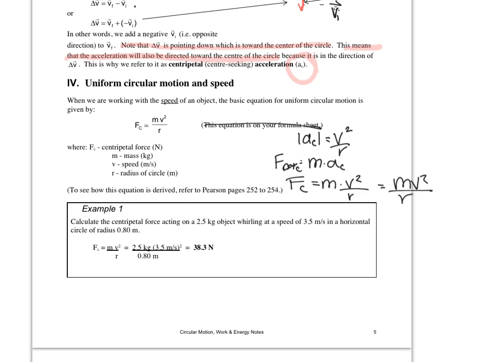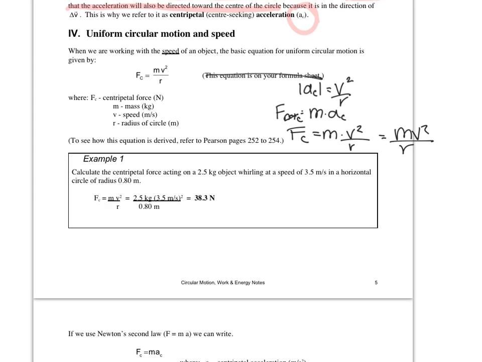I totally thought that I had my blank examples here, so my apologies. I was going to work these out with you. Calculate the centripetal force acting on a 2.5 kilogram object while whirling at a speed of 3.5 meters per second in a horizontal circle of radius 0.8. Horizontal is key here. We are not working with vertical quite yet. Make sure you list your information. I think it's going to become important again here.